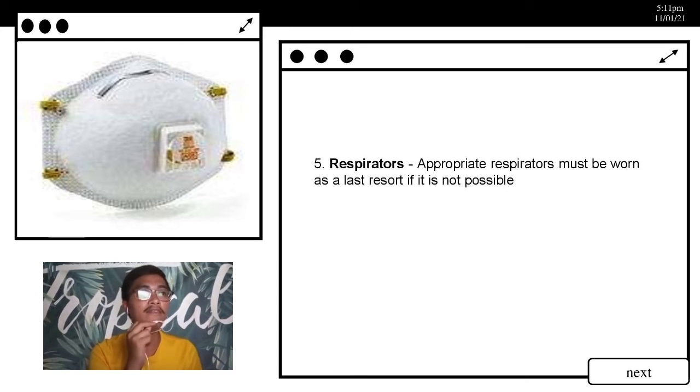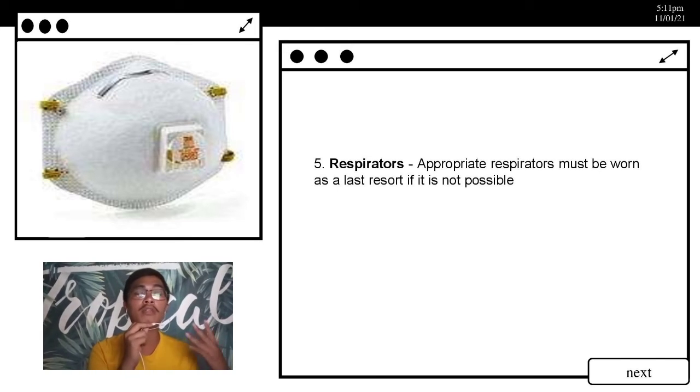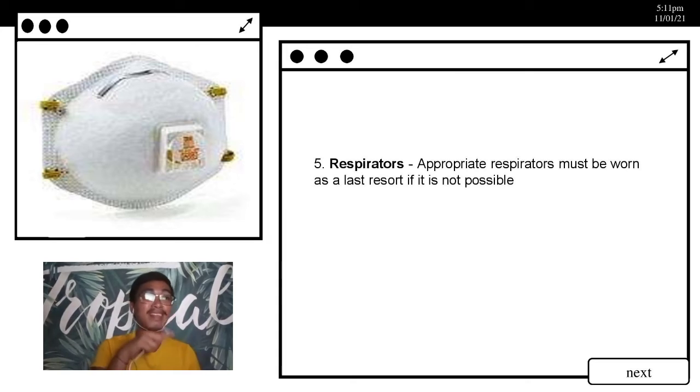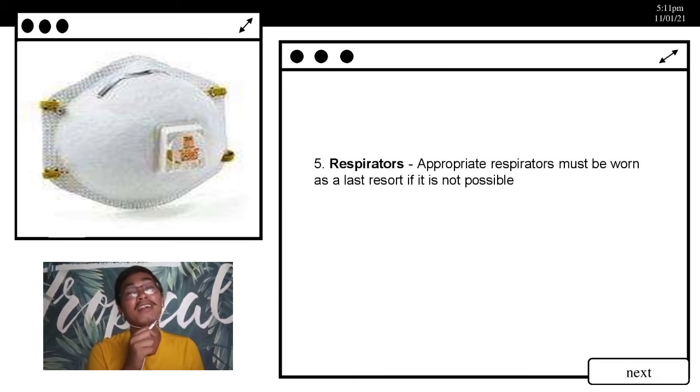Next is the half mask respirator. These half mask respirators purify air. They protect against a variety of particulates, vapors, dusts, mists, and fumes, depending on the filter cartridge used, and they also require fit testing.